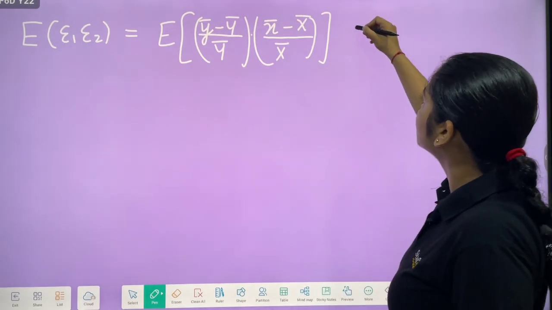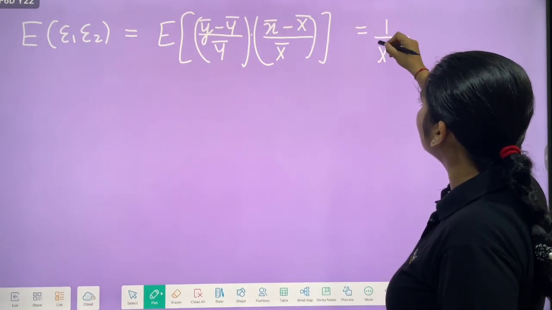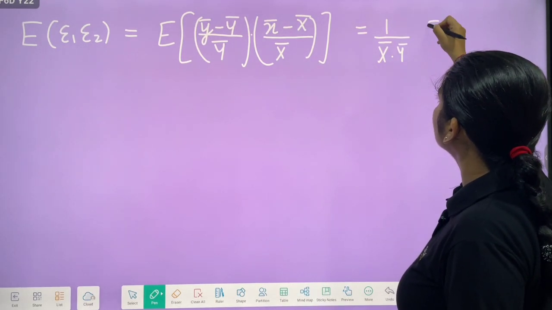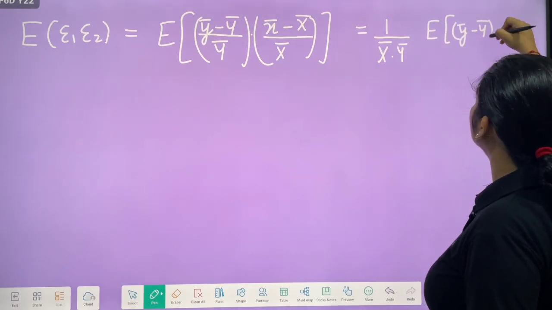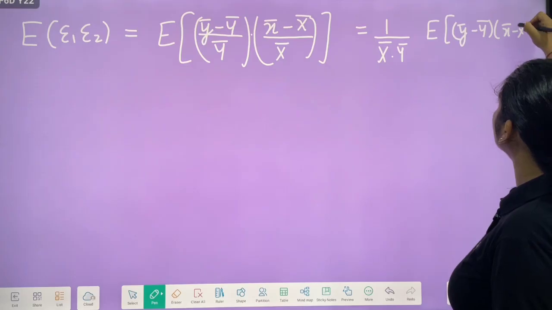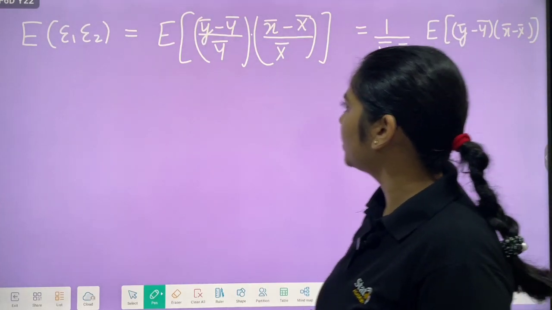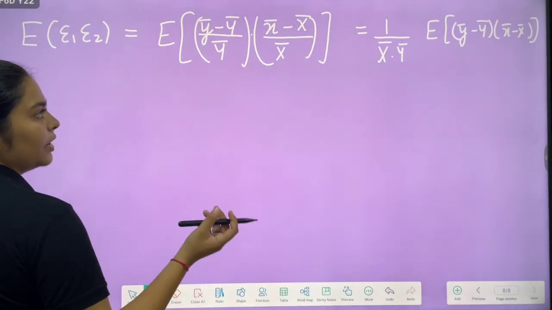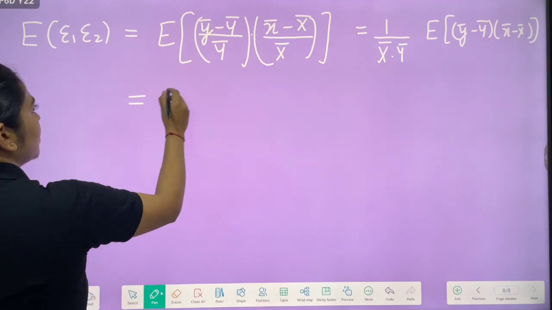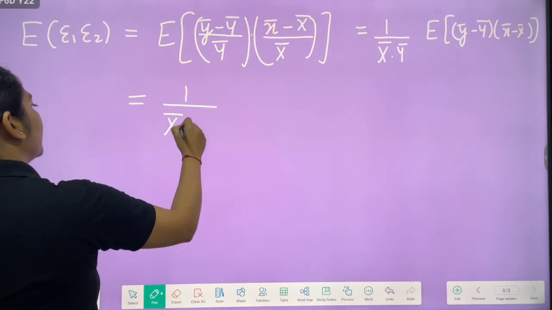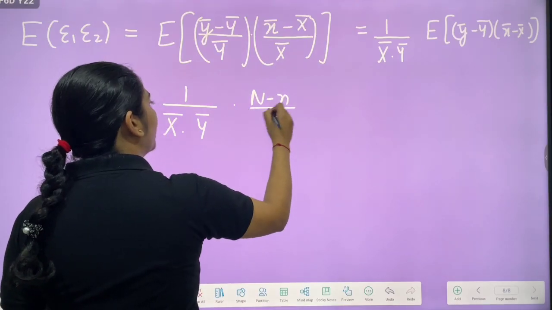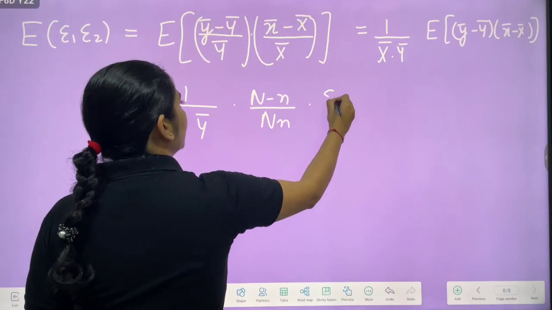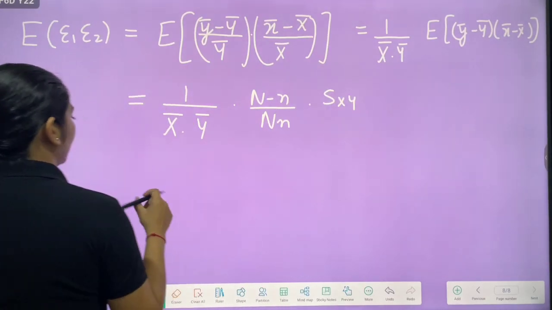So this will be 1 upon x bar into y bar, estimation of y bar minus y bar into x bar minus x bar. This will be nothing but covariance between x and y, or we can write it as 1 upon x bar into y bar n minus n upon n into sxy.